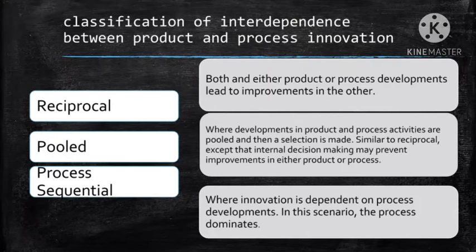Reciprocal, both and either product or process developments lead to improvements in the other. Like, ito yung merong nagli-lead, may protocol sa paggawa. In a process yun. And pooled, ito naman sa pooled is where development in the product and process activities are pooled and then selection is made similar to reciprocal except the internal decision making may prevent improves in either product or process.